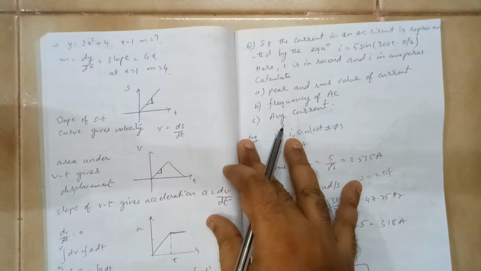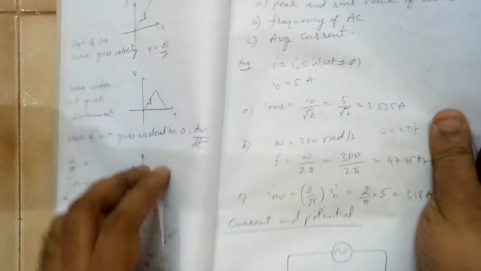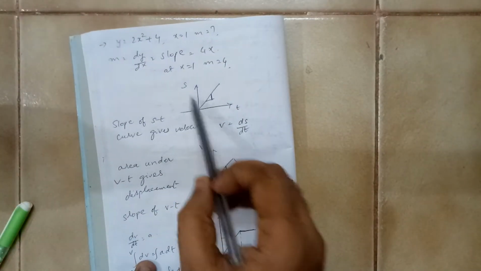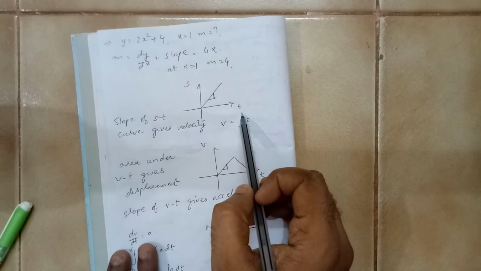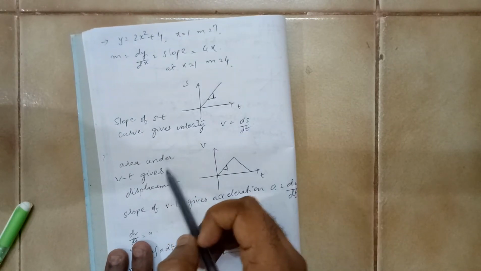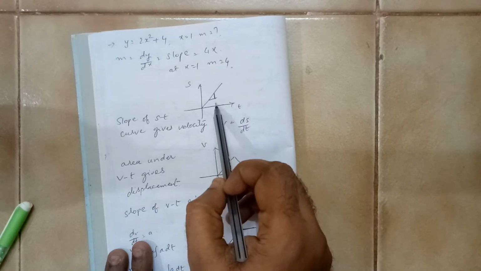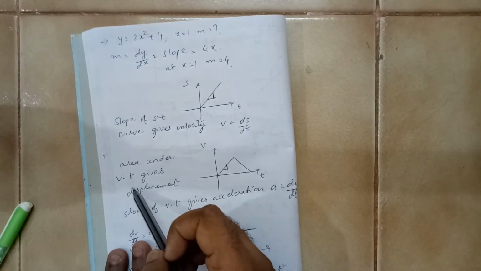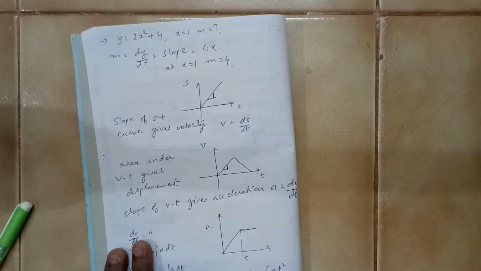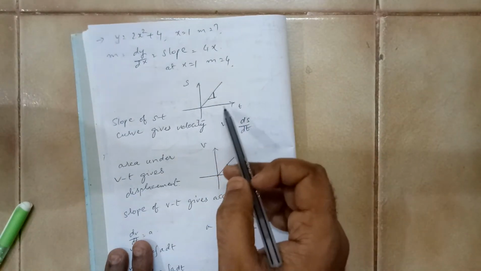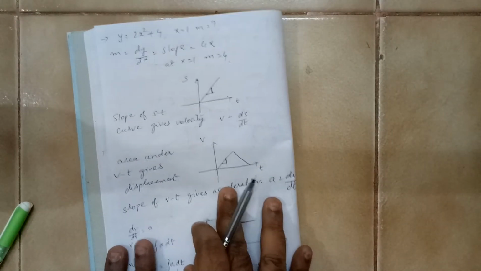Put x is equal to 1, you get the slope value. So let us move on to some basic graphs. S versus t, displacement versus time graph. If the graph is like this, remember for an ST graph, when you find the slope, you get the velocity. And here you can see that the slope is constant. The slope is not changing.